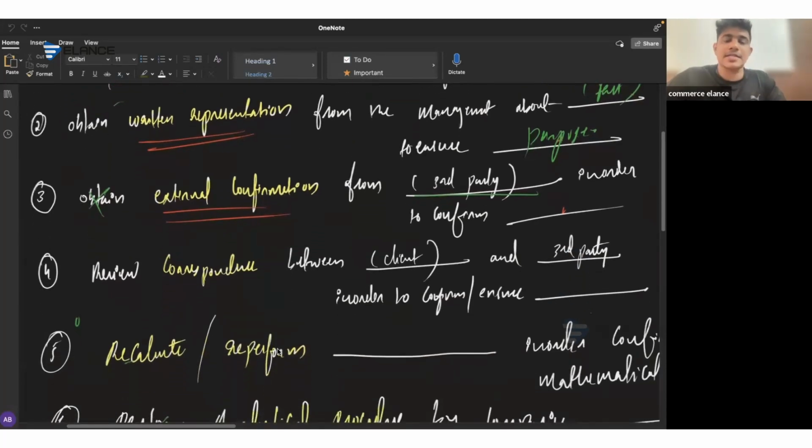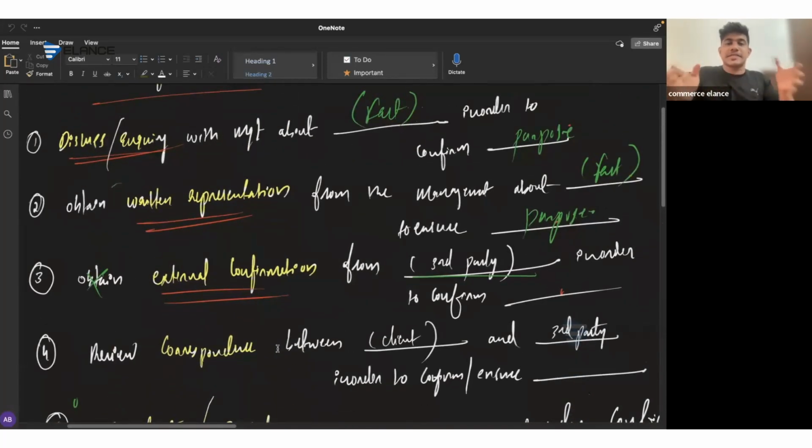Okay. Next one is correspondence. Correspondence means it's a communication between two persons. We have already learned that along with the substantives. Sometimes by looking at communication between two persons, we will be able to get some data.